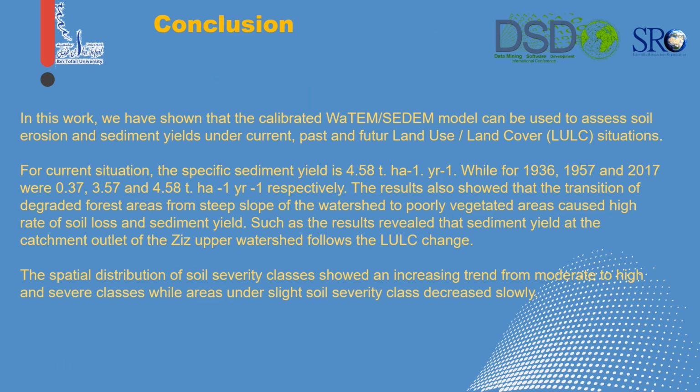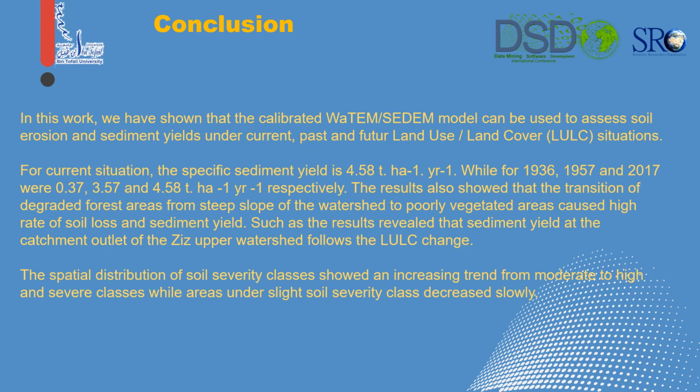As a conclusion, in this work we have shown that the calibrated WATEM-SEDEM model can be used to assess soil erosion and sediment yields under current, past and future land use land cover situations.